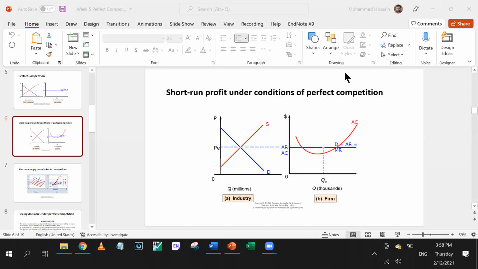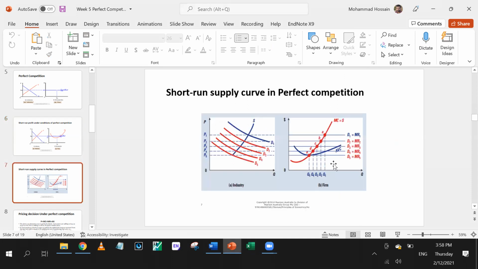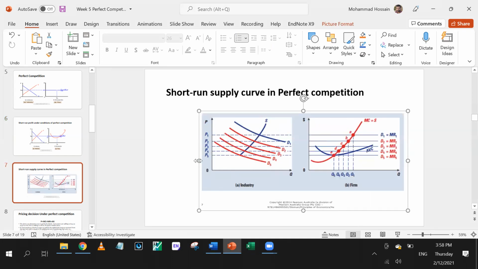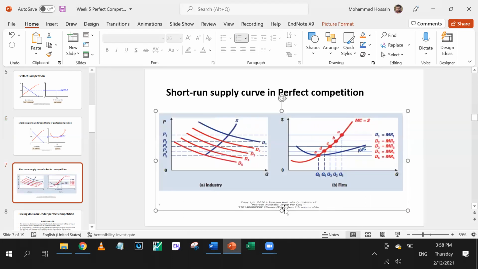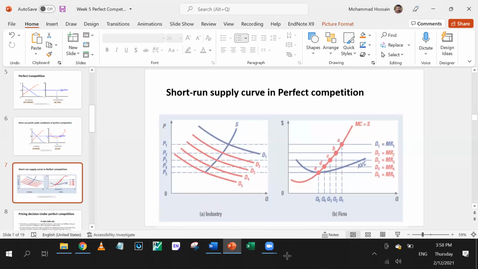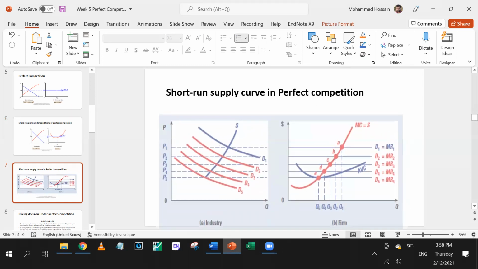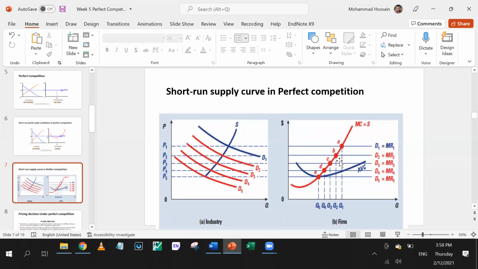So they showed it in here. Yes, they have shown it. Now you can look at here. Let me make it bigger so you guys can see. So you can see from these curves, this is your equilibrium point.